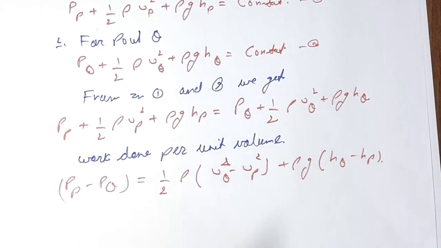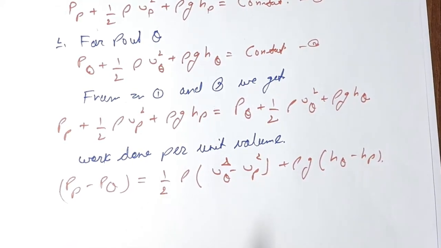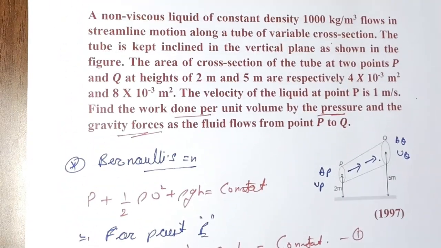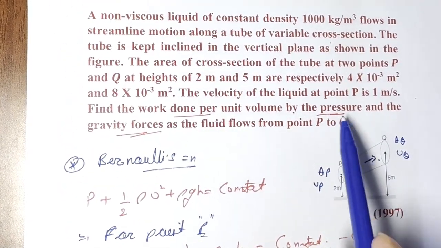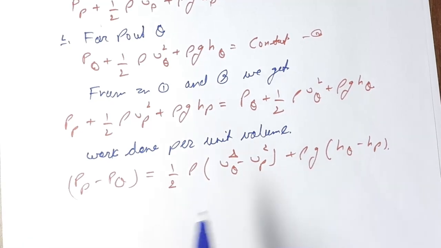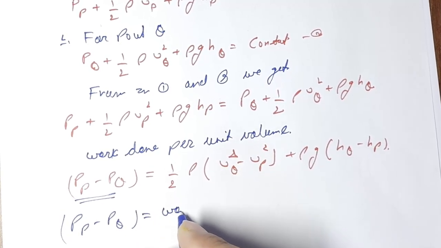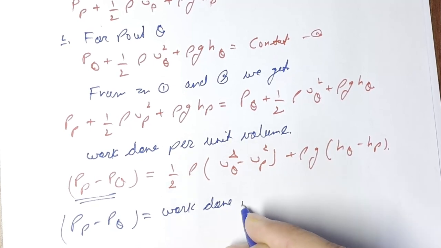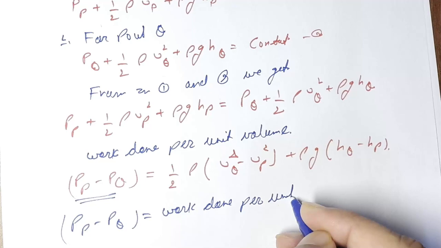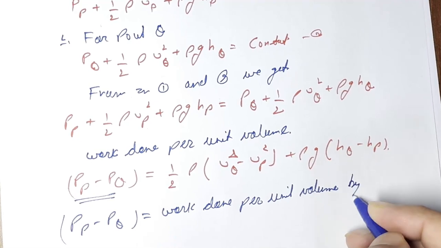Now in this equation we have three parts. And we are supposed to find out in the question the work done per unit volume by the pressure and the gravity forces. So you can say that this first part, pressure of P minus pressure of Q, will be our work done per unit volume by pressure forces.